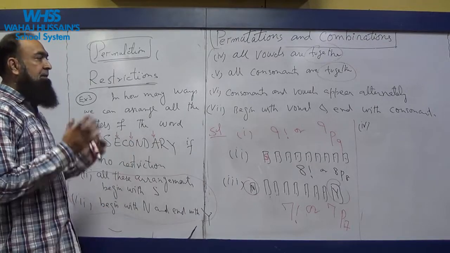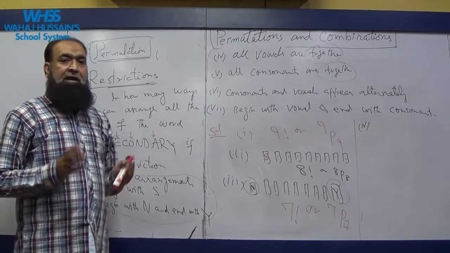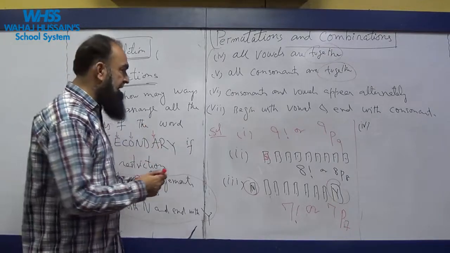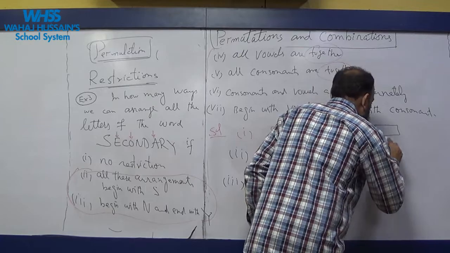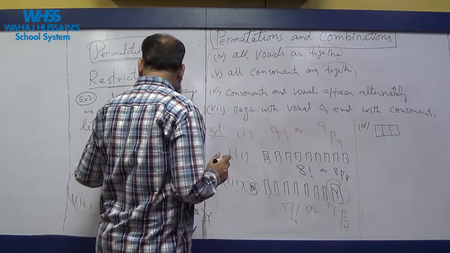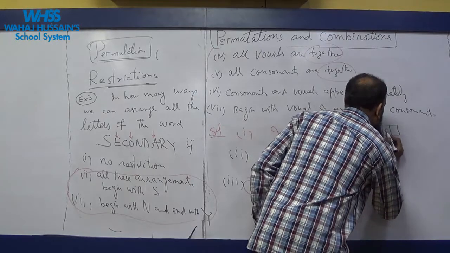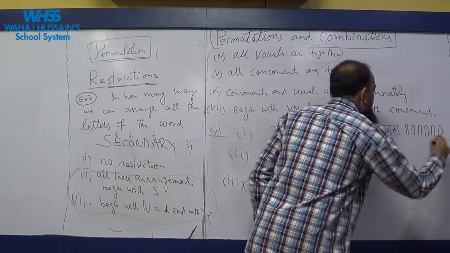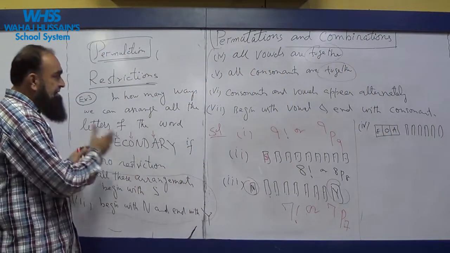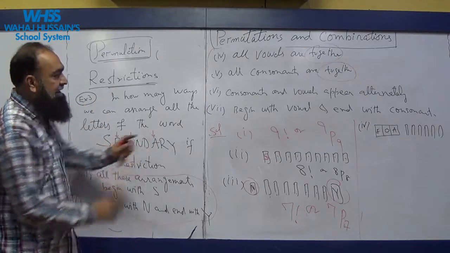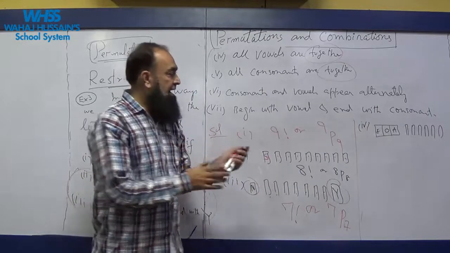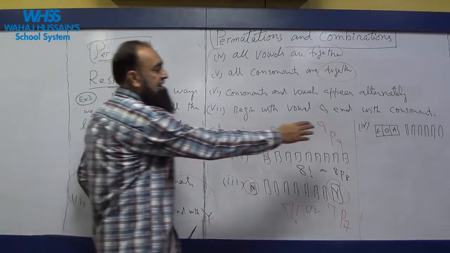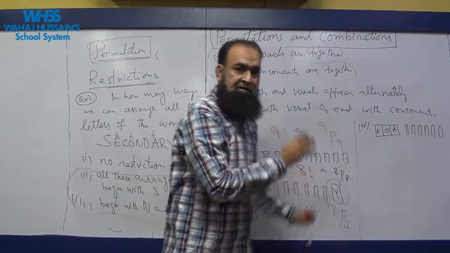So 3 vowels are there and the question is, vowels are together. Whenever objects are together, we have to make a single block, like this: E, O and A. And then we have 1, 2, 3, 4, 5, 6 other objects. I repeat, we have to arrange in such a way that vowels are together, E, O and A. I just make them together like this, a single block. And then 6 left over, 6 consonants.